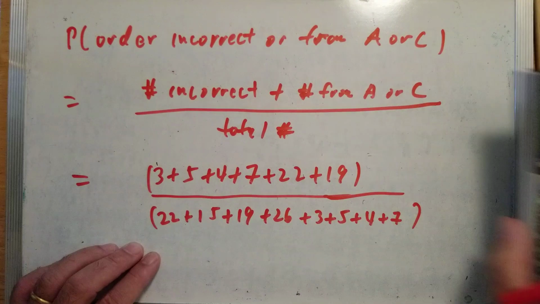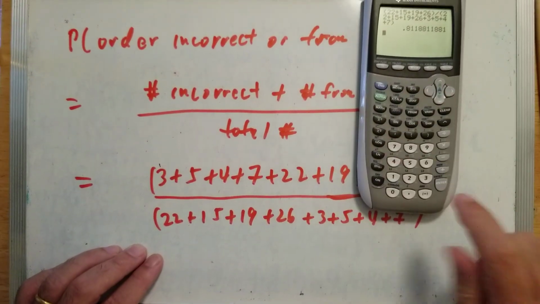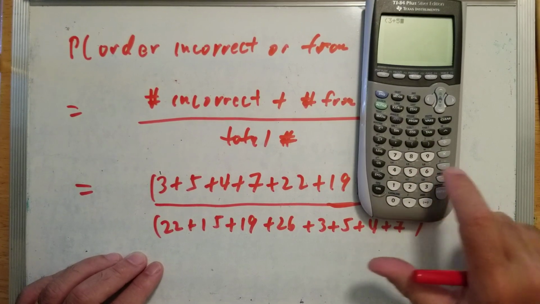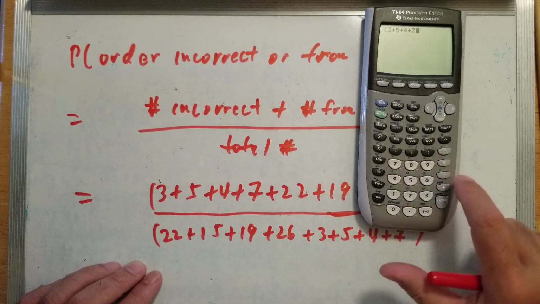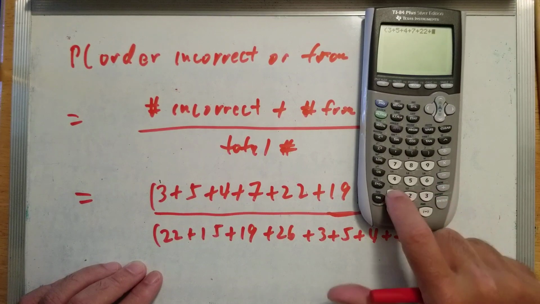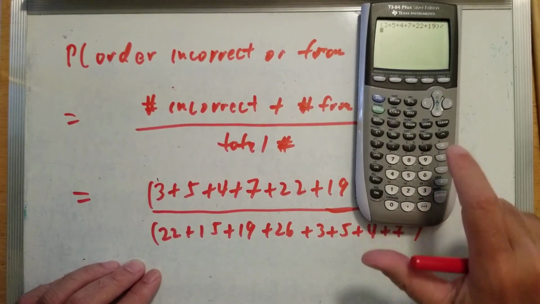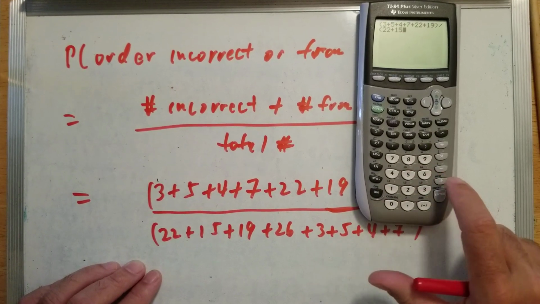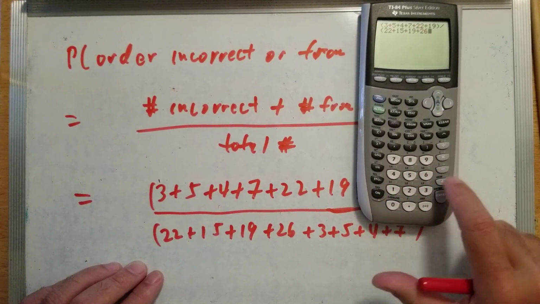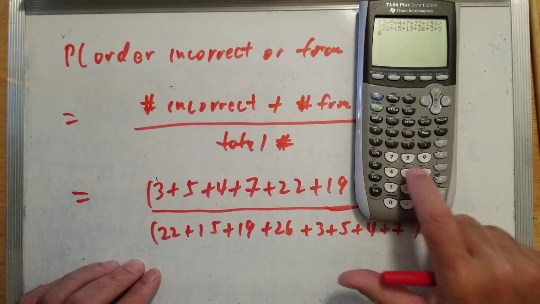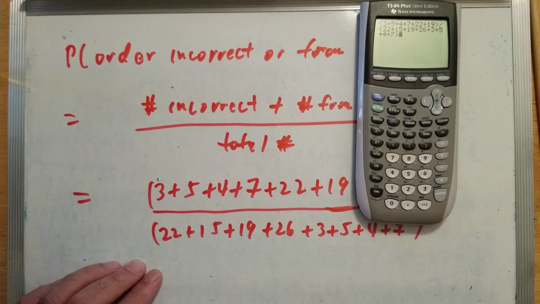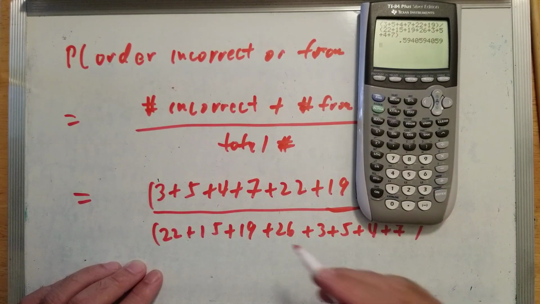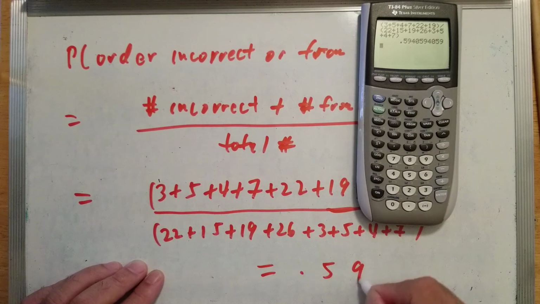When I carefully enter this on the calculator, I get 3 plus 5 plus 4 plus 7 plus 22 plus 19 as the numerator, and the denominator is the total. Careful when you enter a bunch of numbers, and that comes out to 3 decimal places, 0.594.